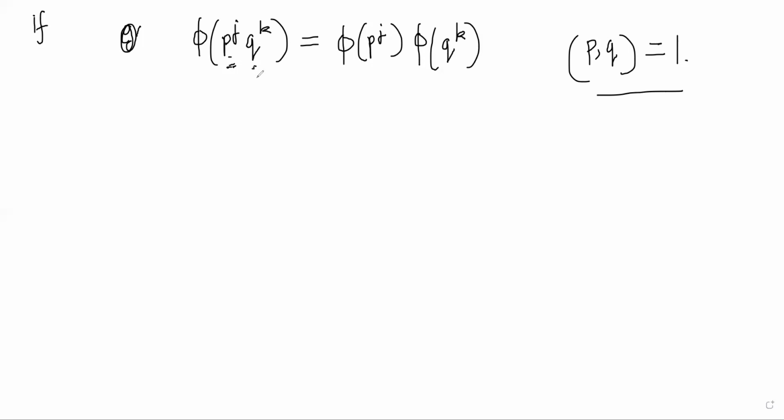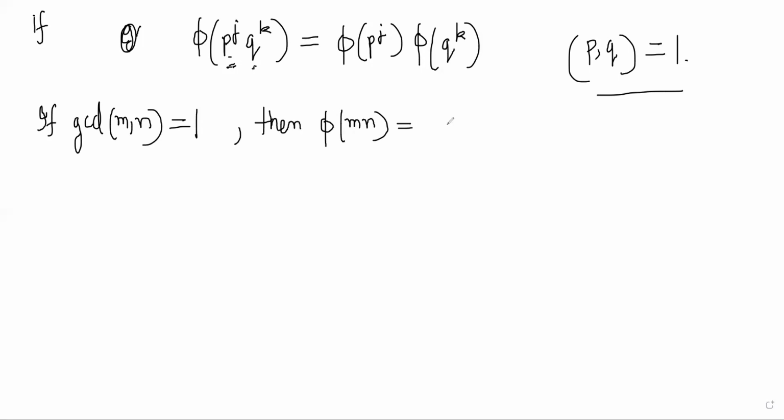So maybe the result is: if GCD of M and N is 1, then phi of MN is equal to phi of M times phi of N. This is what we want to prove.